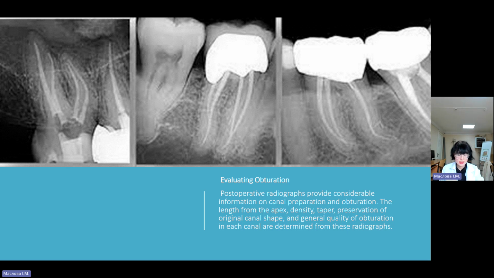Diagnostic radiography involves not only identifying the presence and nature of lesions, but also determining root and pulp anatomy and characterizing and differentiating other normal structures.